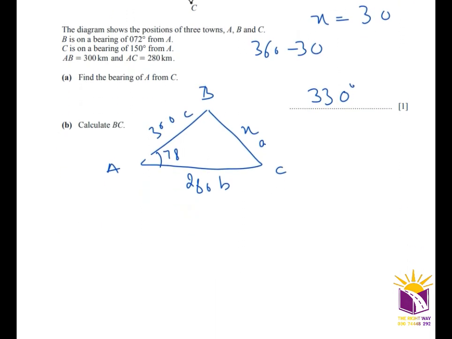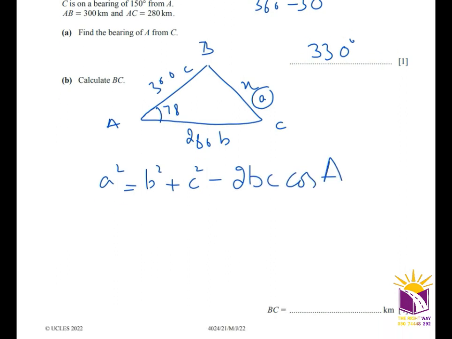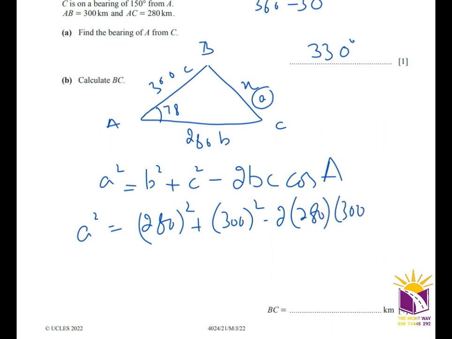Now I have given the angle between the two sides, so I am going to use the law of cosine, which is a² = b² + c² - 2bc cos A. So a² will be 280² plus 300² minus 2 times 280 times 300 times cos 78 degree.